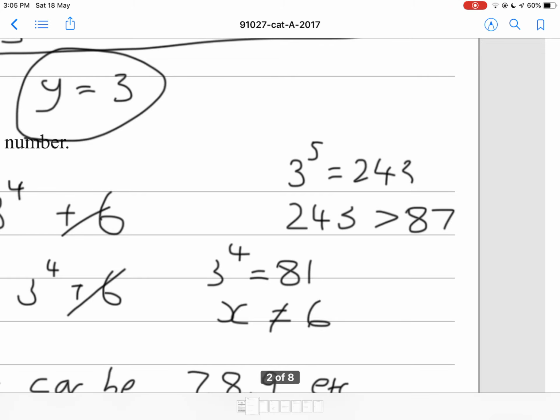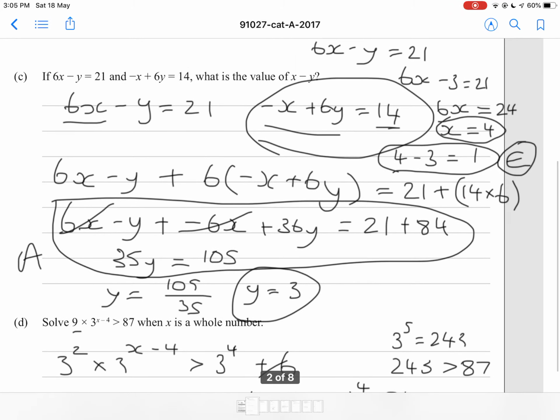So I'm not too sure if I explained that very well, okay? I might have been a bit bad at explaining that, but hopefully you understand, because 243 is bigger than 87, and because x is a whole number, x can only be an integer value.